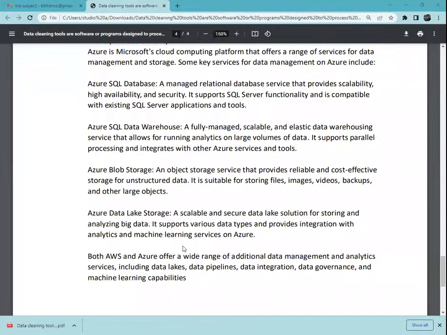It provides various data types and provides integration with analytics and machine learning services on Azure. Both AWS and Azure offer a wide range of additional data management and analytics services, including data lakes, data pipelines, data integration, data governance, and machine learning capabilities.